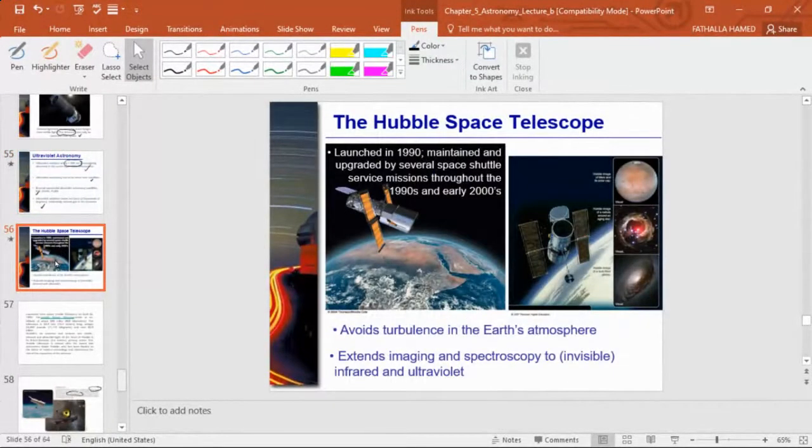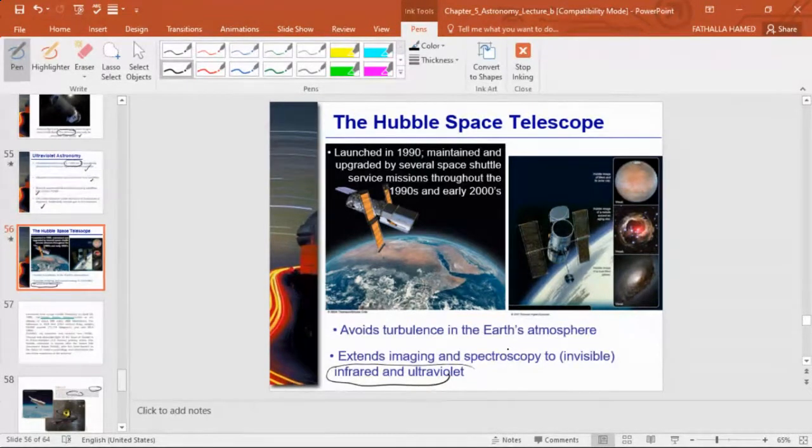Now, the Hubble telescope was launched in 1990, and it can look at the infrared, ultraviolet, and visible as well.